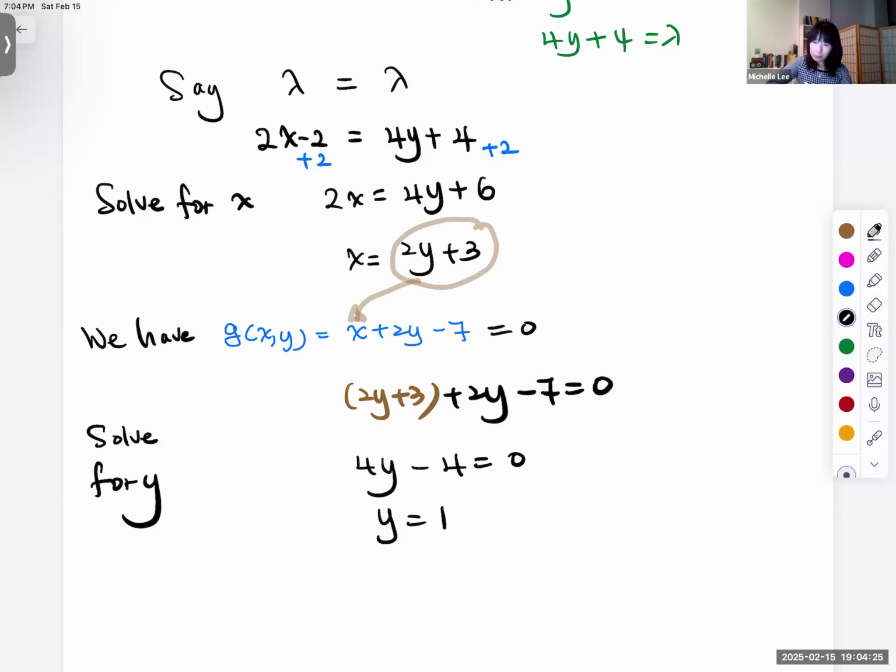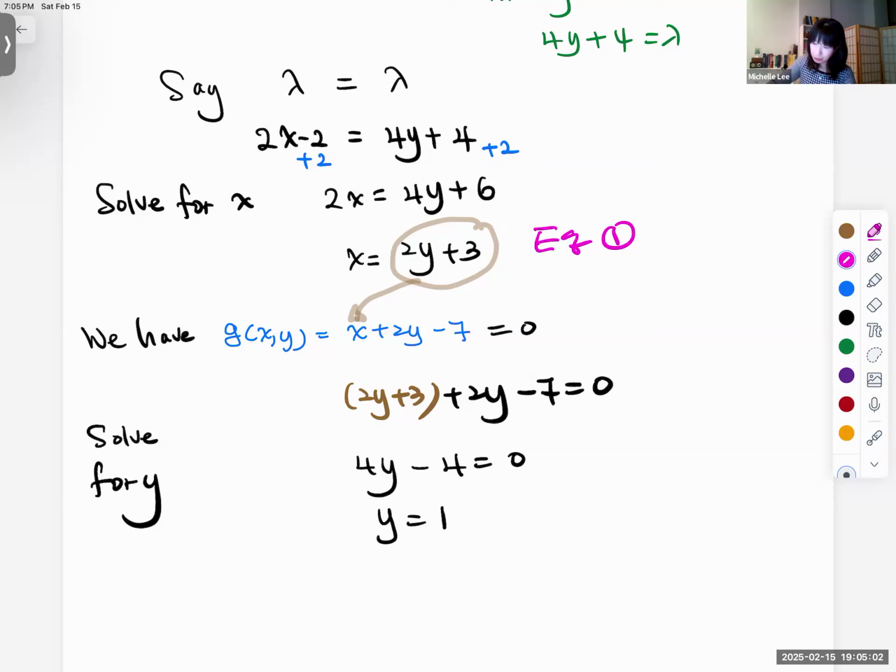Okay, now let's substitute, because we need to solve for x, right? Do we need a label? Okay, let's make a label. So this is equation number 1.